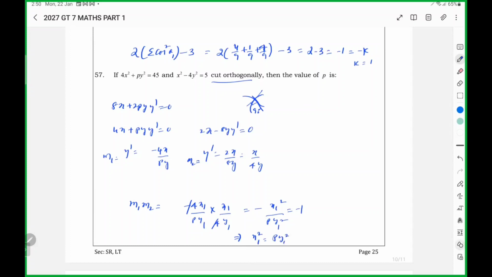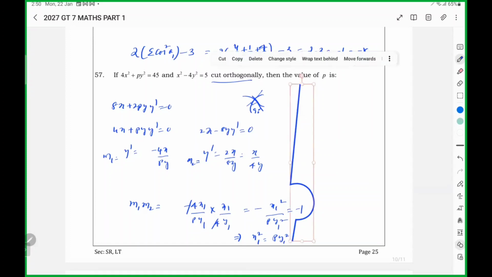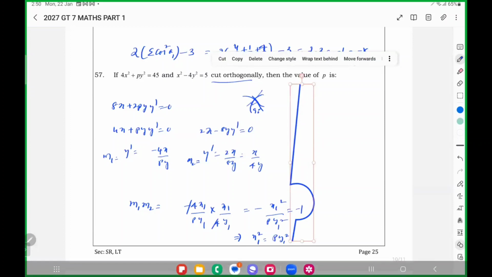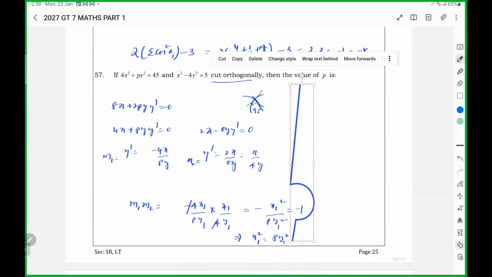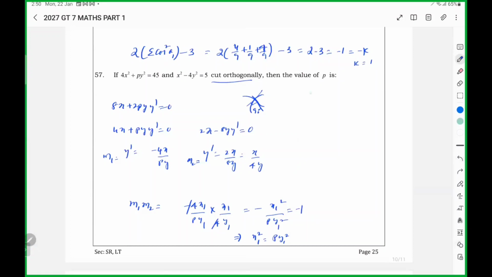So here it is. So this y here, I wrote x1, means I took it as some point.